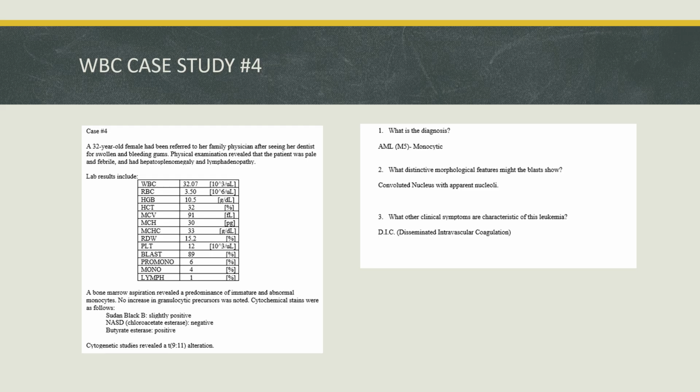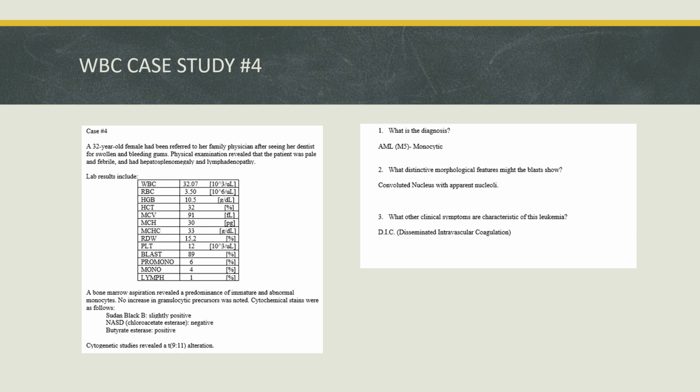If that's negative, that tells us there's an absence of granulocytes there. And then the butyrate esterase, which is the non-specific esterase, stains positively with monocytes and a couple of other cells, but it's going to give us a good indication based on the whole picture.